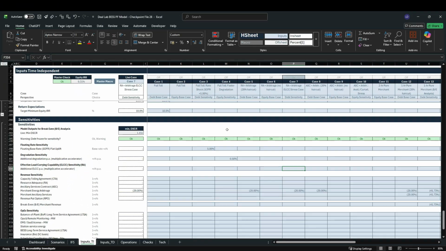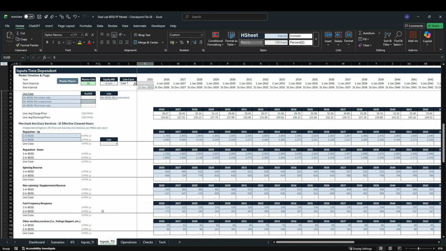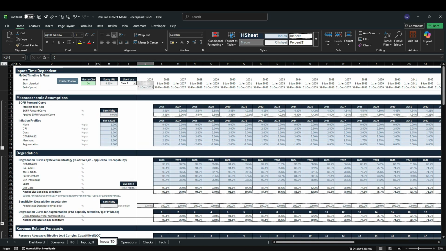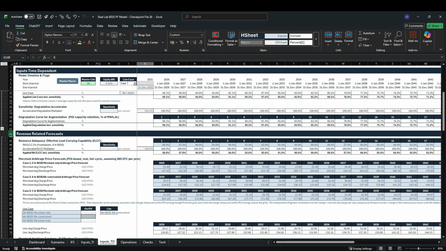And now that we covered the theory, let's move back to the model. And as you can imagine, this is a really important factor for resource adequacy structures. So although resource adequacy is a fully contracted revenue, there is still some uncertainty associated with the effective load carrying capability factor, which is covered in our inputs time dependent sheet right here under revenue related forecasts.